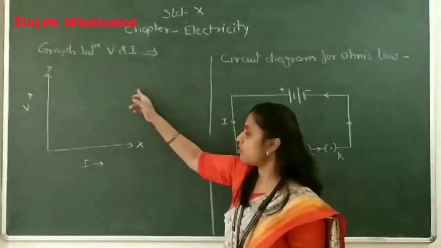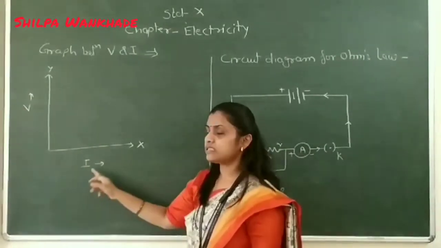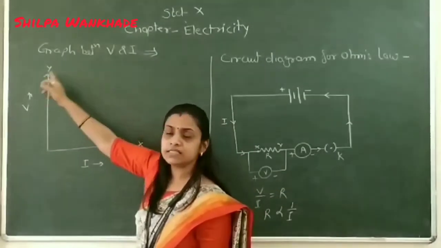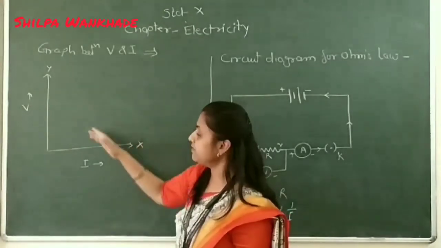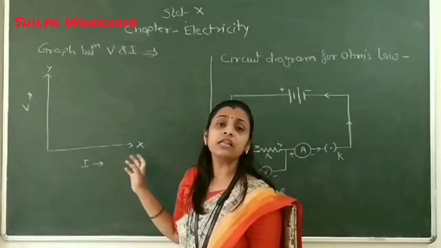Whenever we draw a graph between potential difference and current, we get a linear graph.